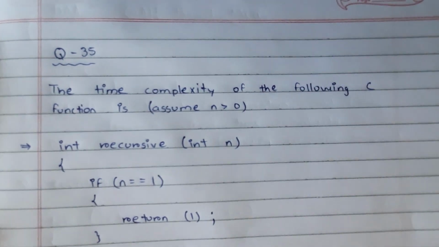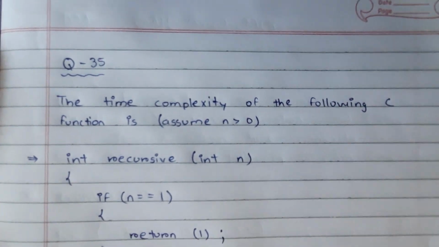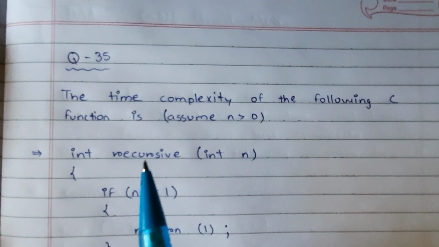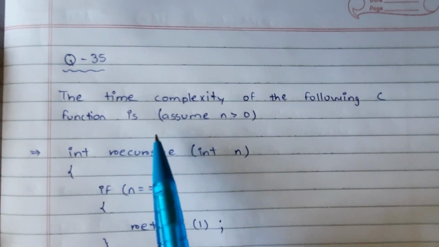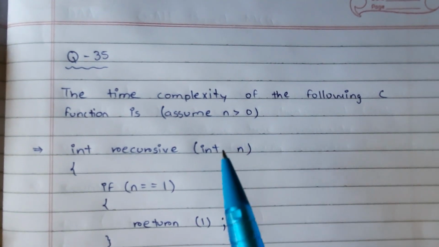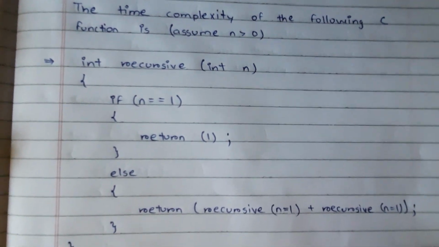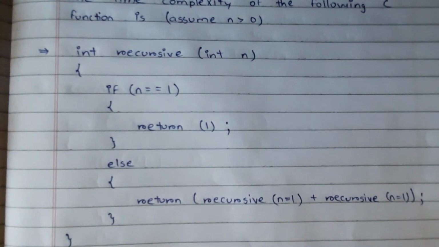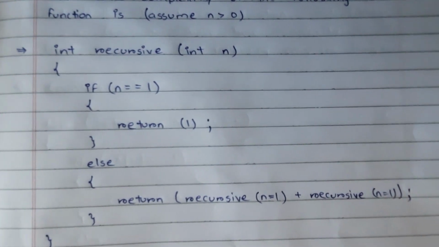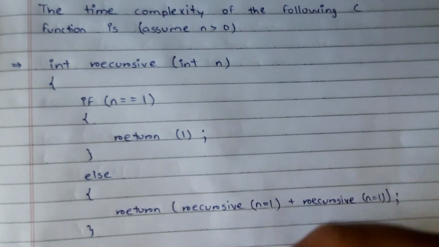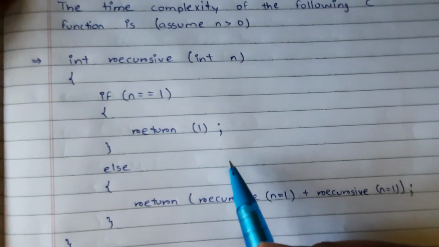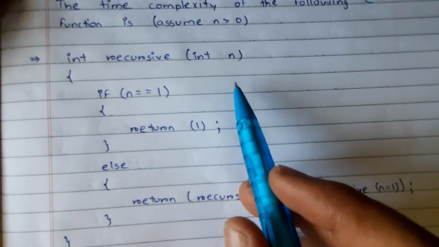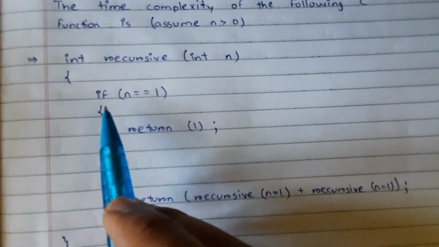Now let's move to another question, number 35. The time complexity of the following C function is, assume n is greater than 0. This is the code which is given to us, and we have to find the time complexity of it. Integer recursive is a function having the parameter n, which is also an integer.